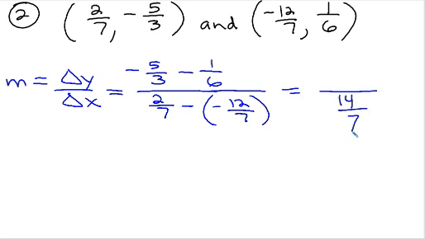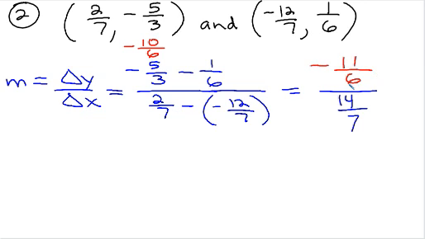But on top, I need to get a common denominator. What's the common denominator on top? 6, right? So this first fraction, I need to change into -10/6. Multiply the top and bottom by 2. And now I can subtract. -10 minus 1 is -11/6.